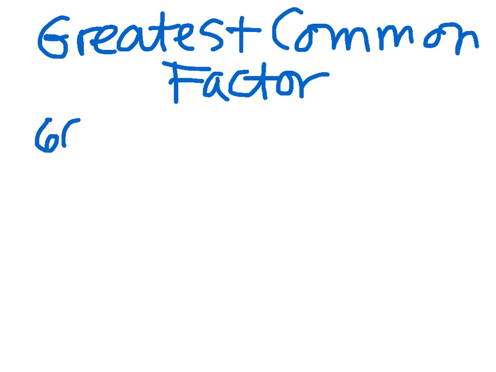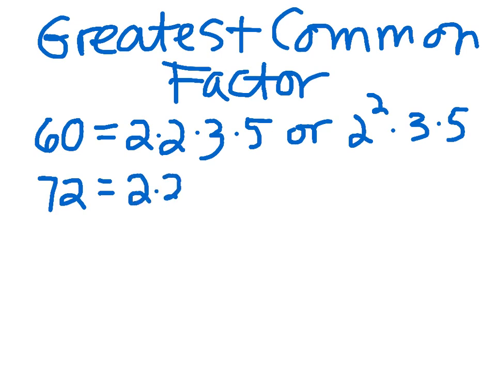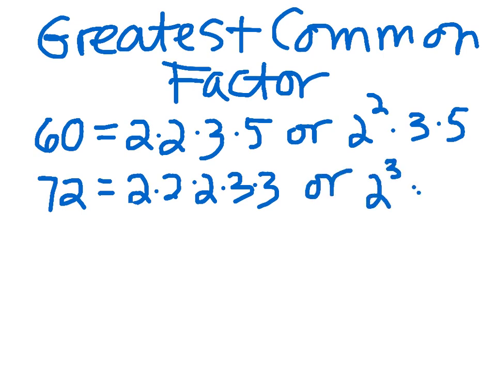So if I know that 60 is equal to 2 times 2 times 3 times 5, or 2 squared times 3 times 5, let's take another number too. 72 is equal to 2 times 2 times 2 times 3 times 3, because remember 2 to the third is 8, and 3 squared is 9. And if I were to write that in exponential form using exponents, it would be 2 to the third times 3 squared.